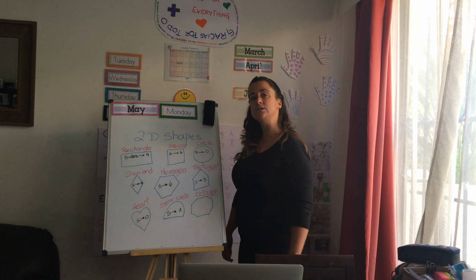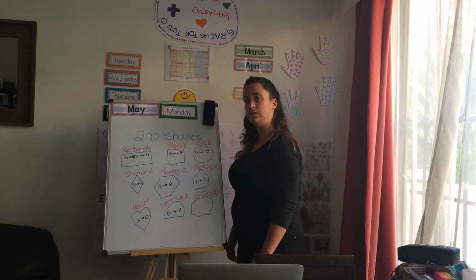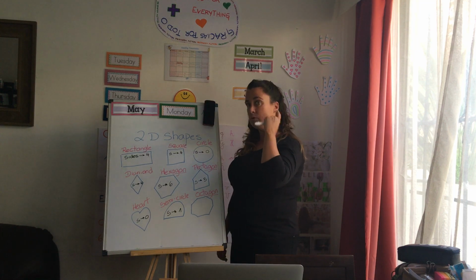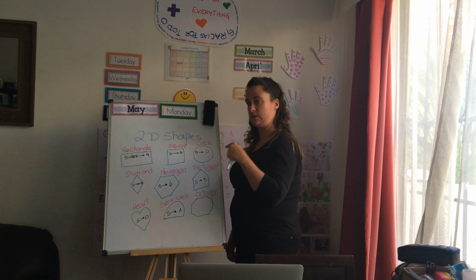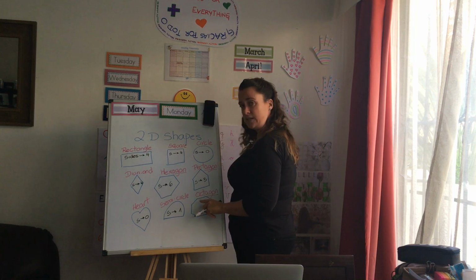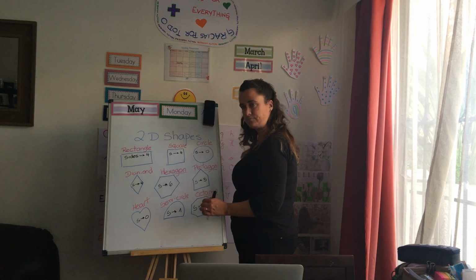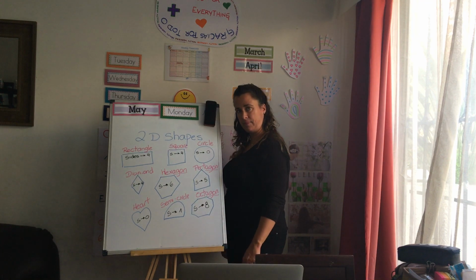What about the octagon? Go putting the words and the sides in your heads, okay? Let's count them. 1, 2, 3, 4, 5, 6, 7, 8. 8 sides. Yeah? 8 sides.